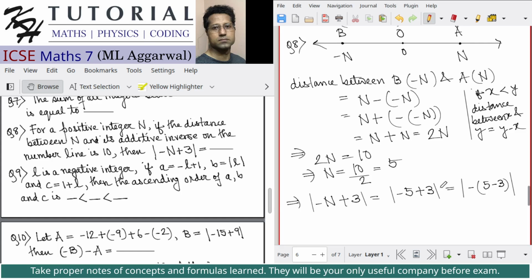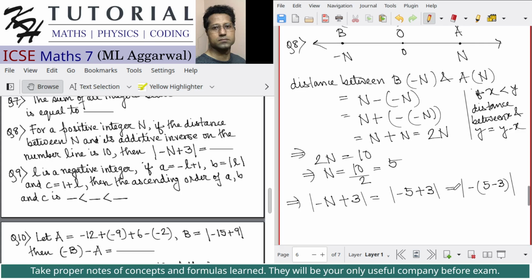Minus 5 plus 3 means we are adding one negative integer, minus 5, and one positive integer, 3. So we will subtract the numerically smaller integer from the numerically larger integer. Here the numerically larger integer is 5 and the smaller is 3. So we will find 5 minus 3.